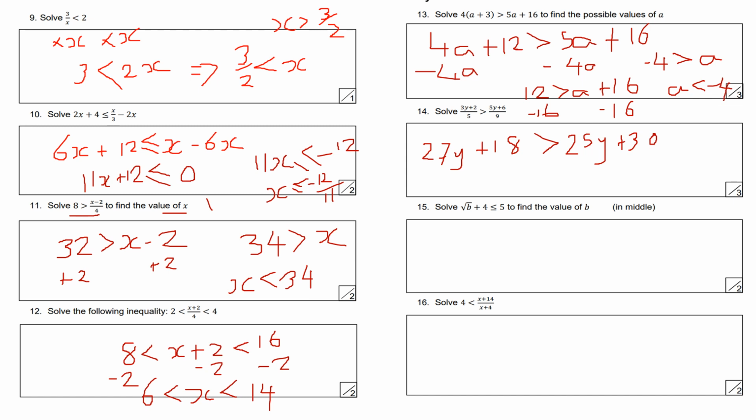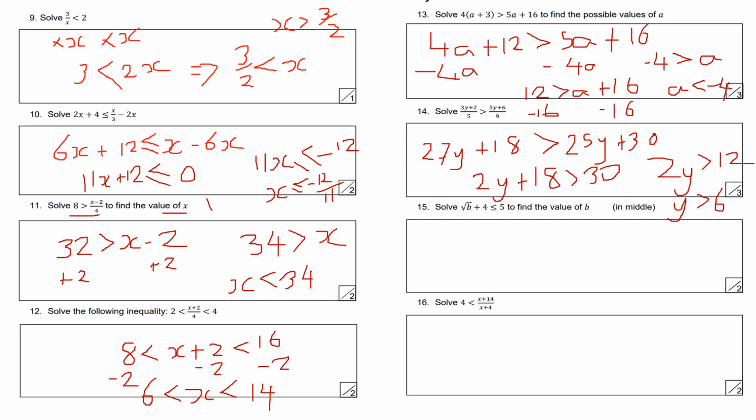Okay, I'm then going to subtract 25y on both sides, so I get 2y plus 18 is greater than 30. Subtract 18 on both sides, so I'm going to have 2y is greater than 12. Dividing both sides by the 2, we get y is greater than 6, guys. Okay, that's my solution for that one.